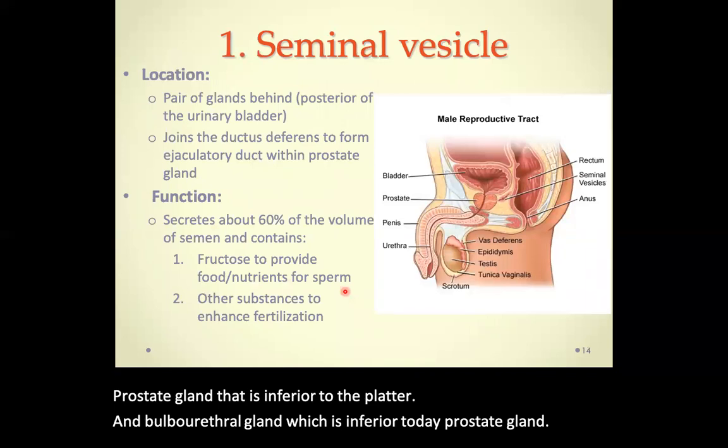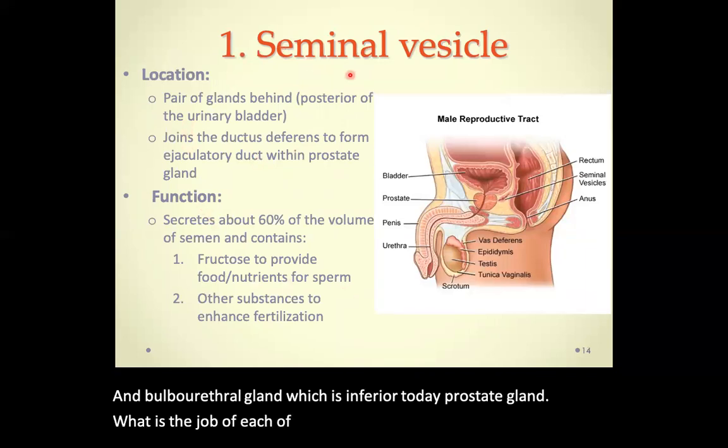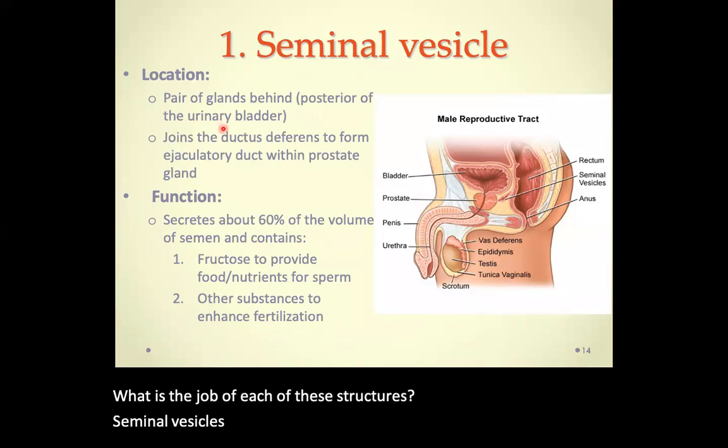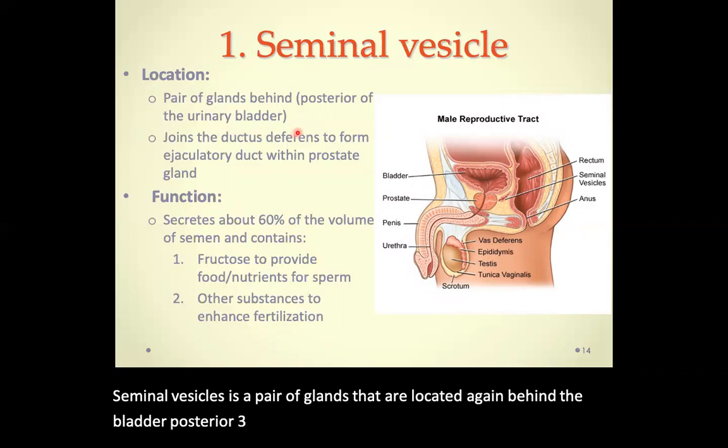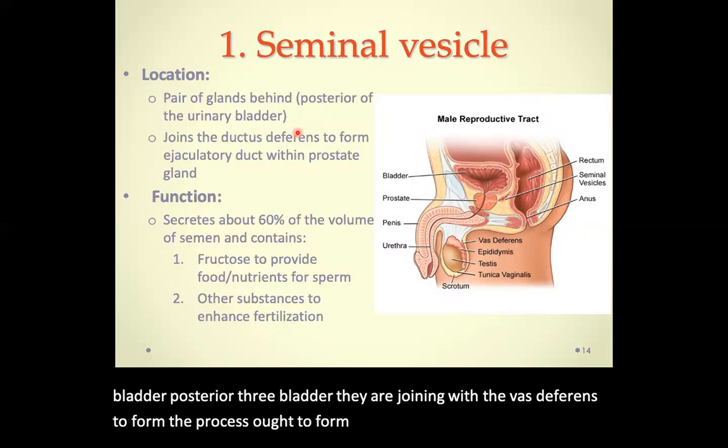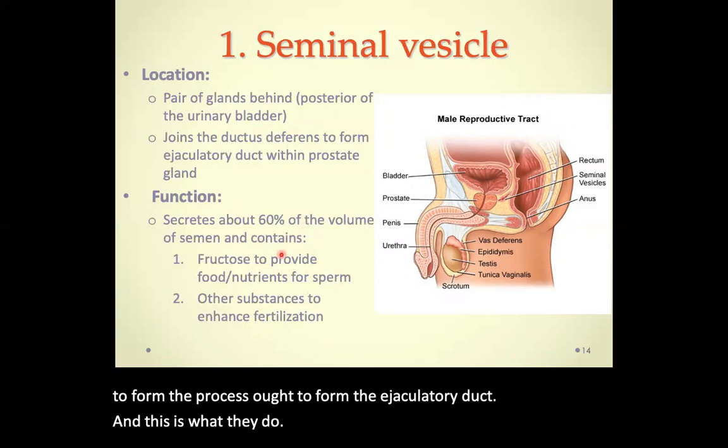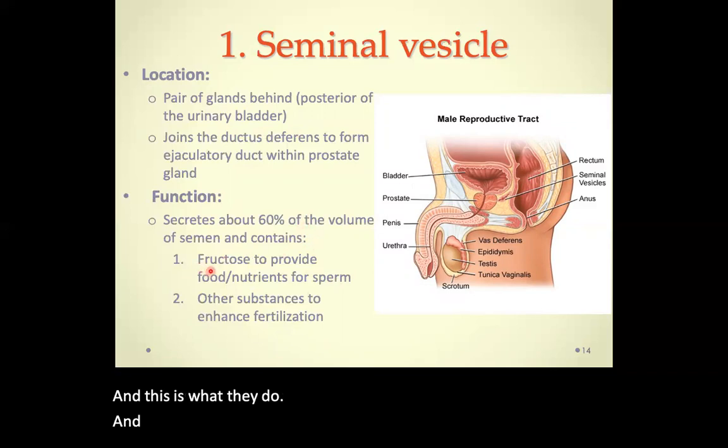So what is the job of each of these structures? The seminal vesicle is a pair of glands located behind the bladder, or posterior to the bladder. They join with the vas deferens to form the ejaculatory duct. And this is what they do. They first provide 60% of what we consider semen during ejaculation.